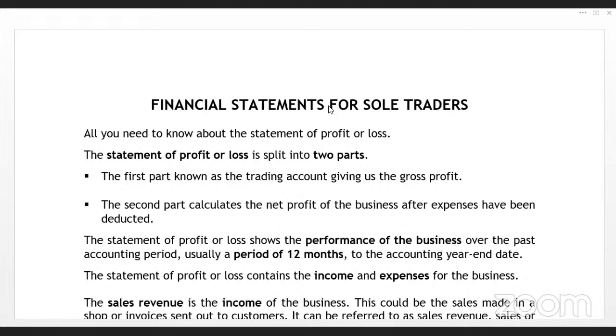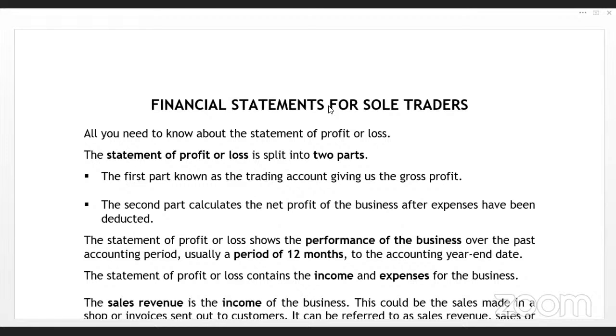We need to find out the obligations the business has at the end of the financial period. What is the equity of this business? We can find out all that by preparing what we call the financial statements. By preparing the financial statements, we can tell whether this business is performing well or not performing well.